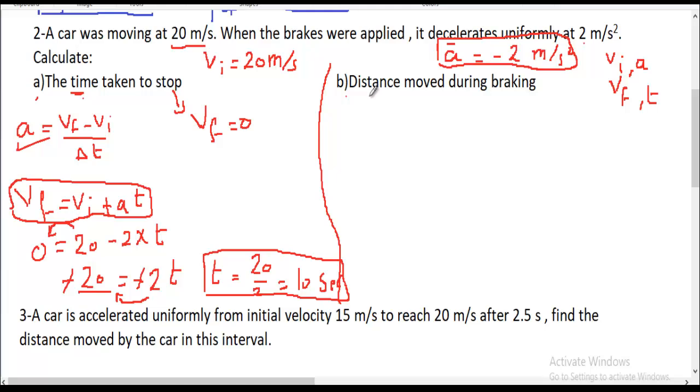We can solve distance moved during braking by both of them in this example.